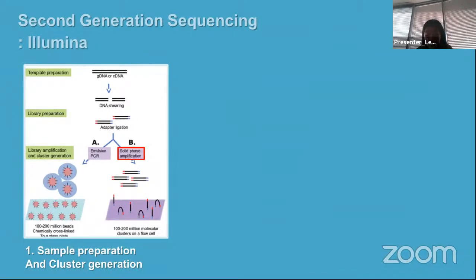Illumina sequencing is based on a technique known as bridge amplification, wherein DNA molecules with appropriate adapters are located on each end. The surface contains oligonucleotide sequences complementary to the ligated adapter.